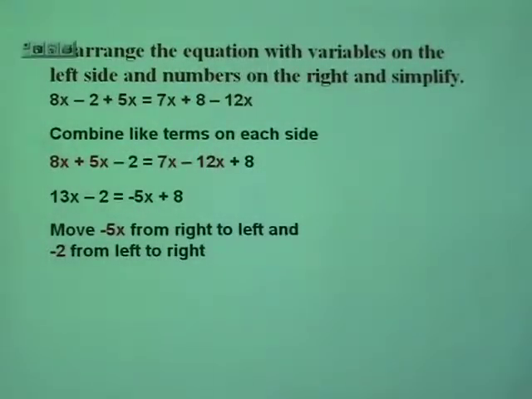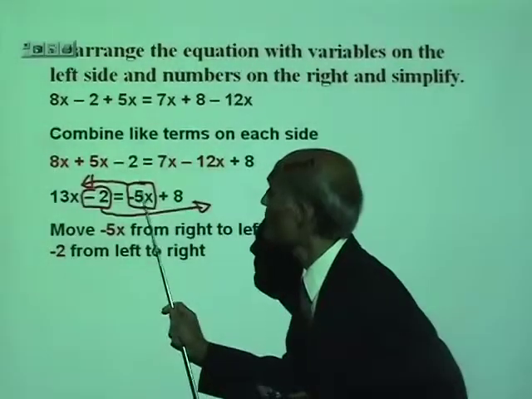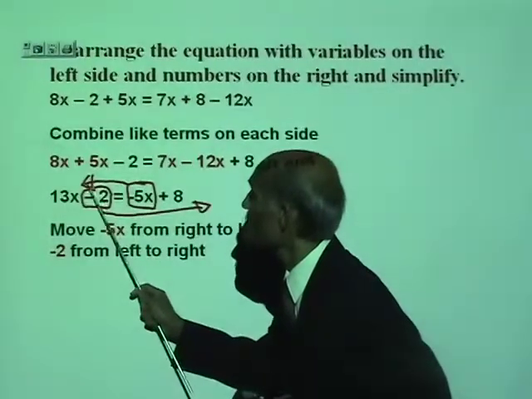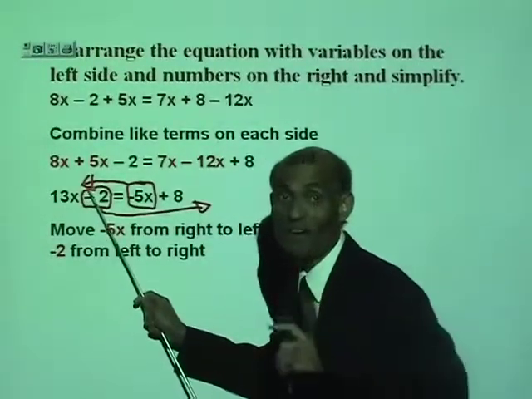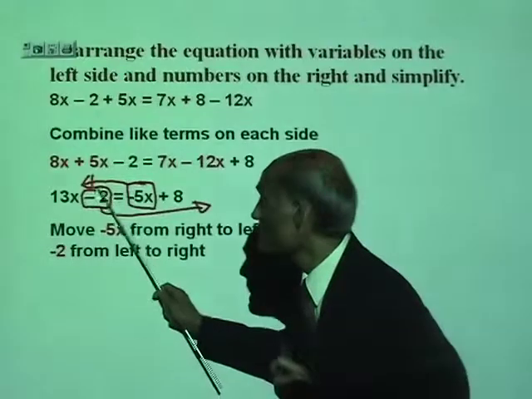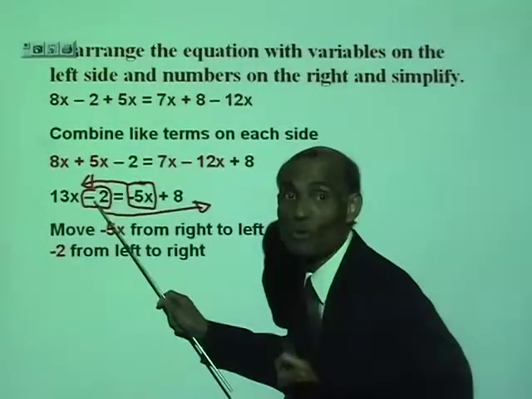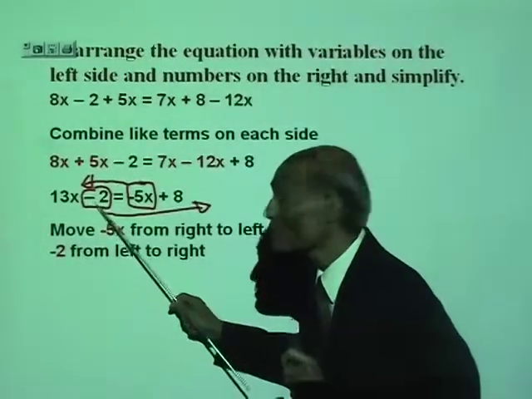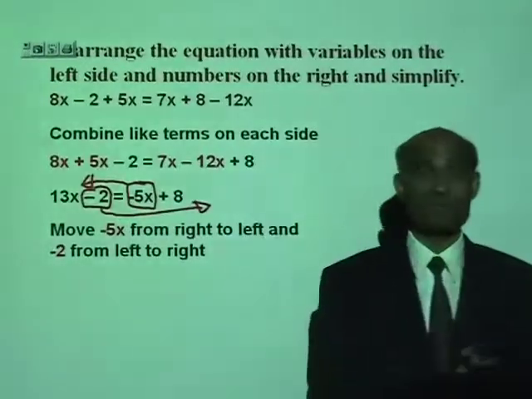We're going to take this negative 5x to the left, and this negative 2 will go to the right. So the negative 5x when it goes to the left will become a positive 5x, and the negative 2 when moving to the right will become a positive 2.